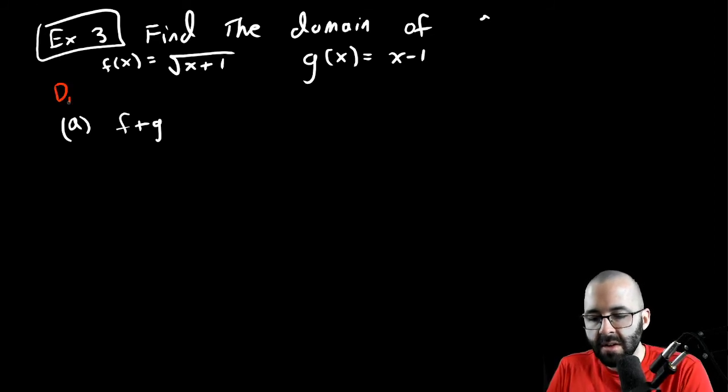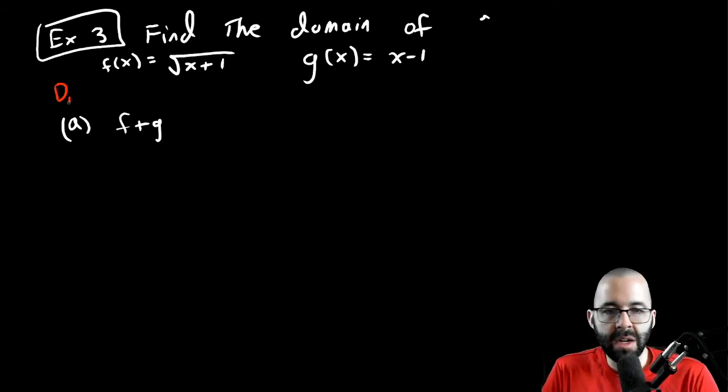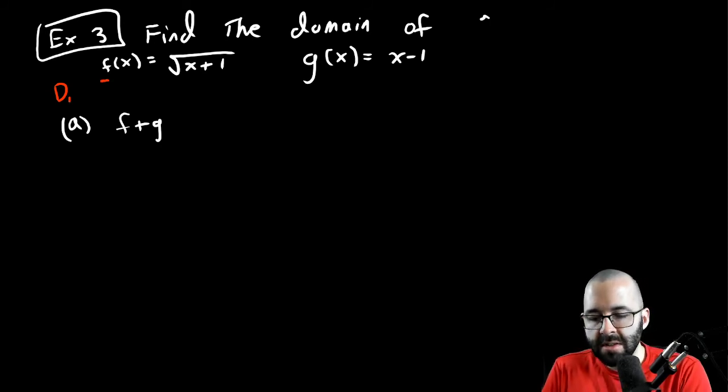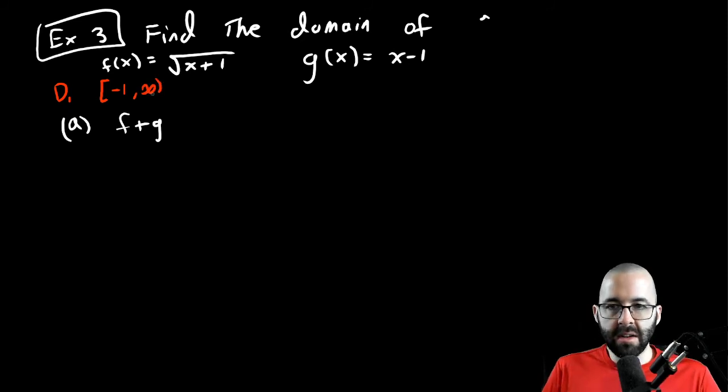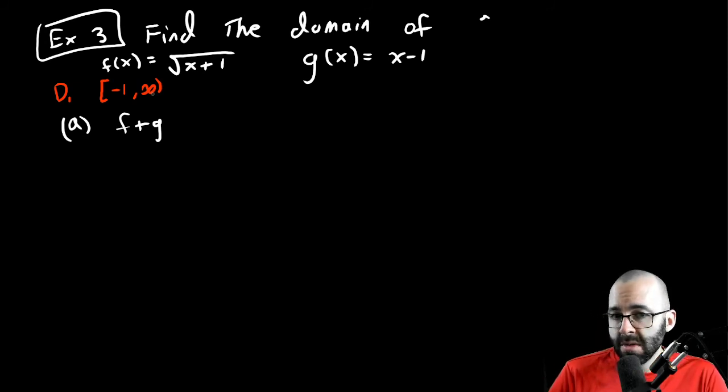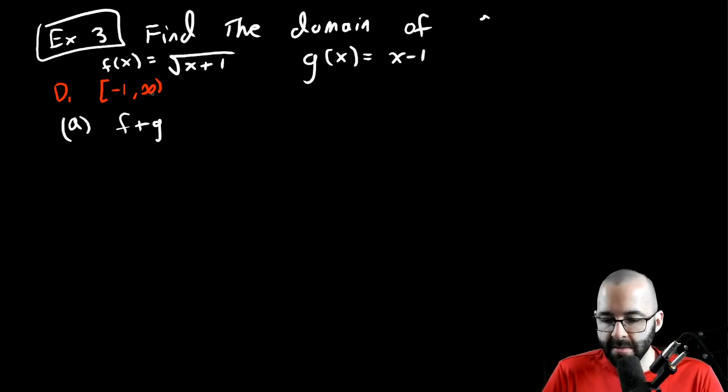So if we think of this first domain, the domain of f, we can call it d1. The domain of this function is the set of all numbers from -1 to positive infinity. Go back to 3.2 if you want more information on where this came from. But this is just all the numbers so that the inside of a square root is 0 or bigger.